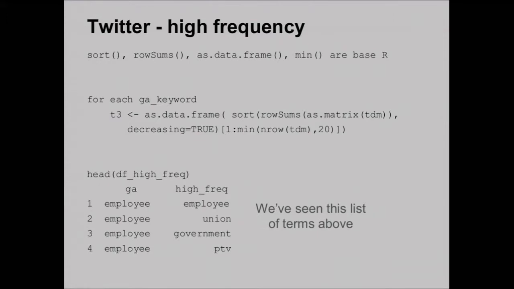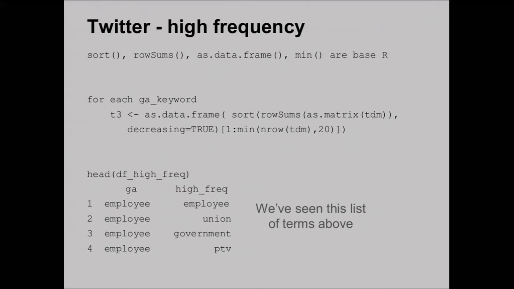And remember, every row was a word. If we sum all the instances of that word, we know how many times this word existed in all the documents together. And we sort that in decreasing order, and we take, in this case, the top 20 of those. And now we have another data frame.